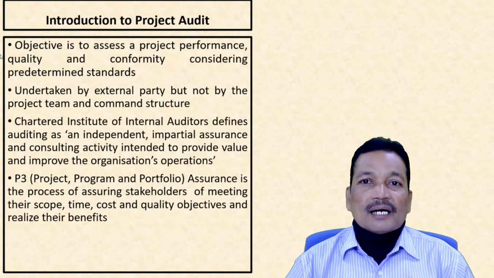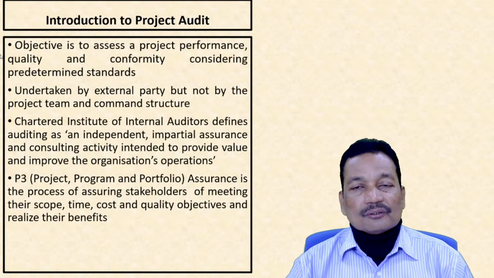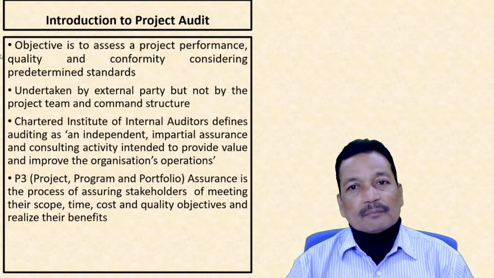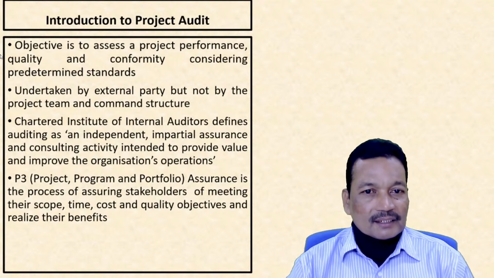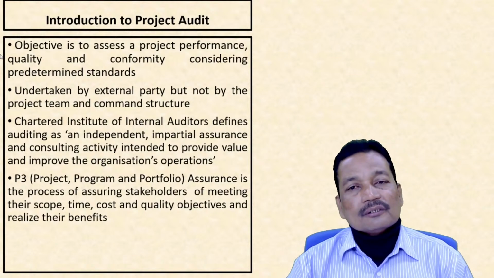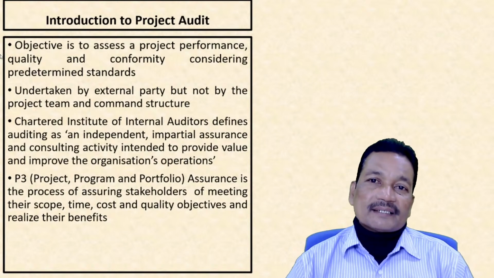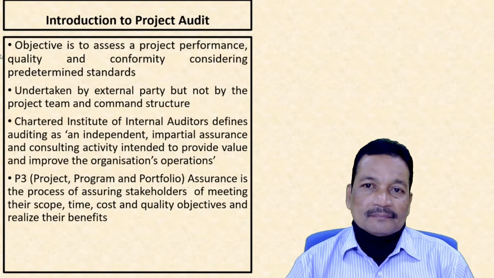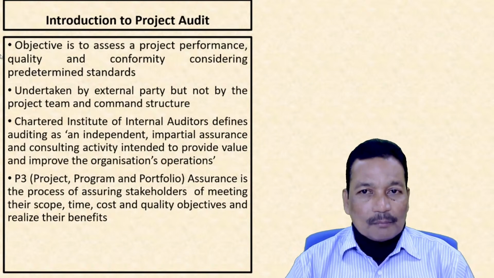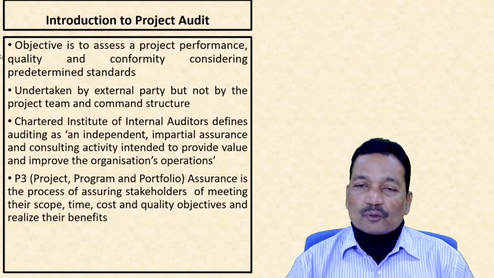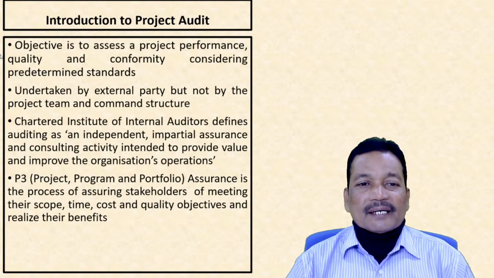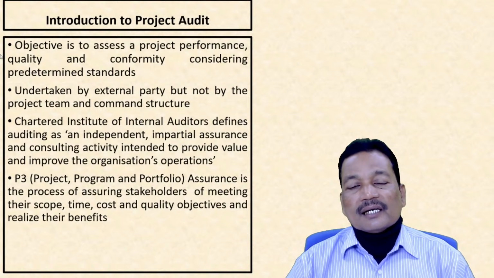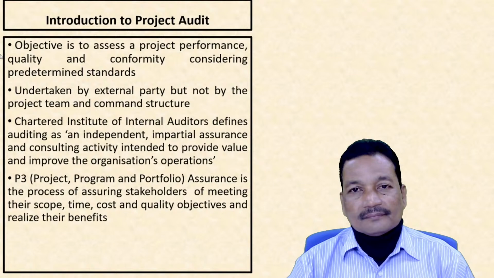They also are in-house employees of the organization. So if they assess the project, then also the chances of biasness will creep in. So to avoid this, the project audit is undertaken by external parties.